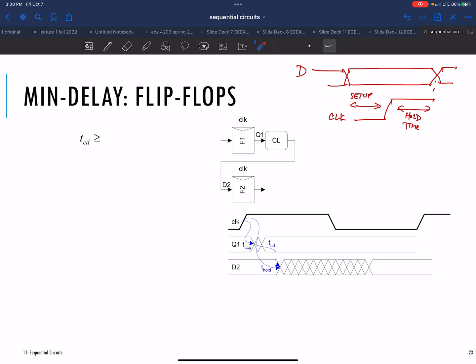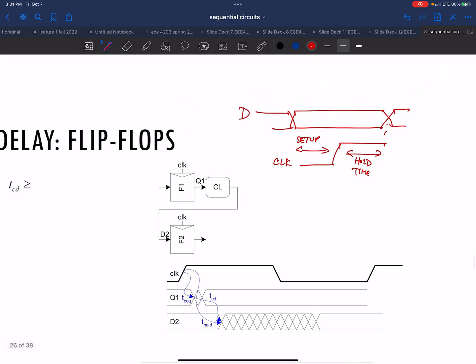You guys see the setup time issue? If this data is switching too close to this edge, you can end up grabbing something you did not intend to grab. Usually it means you didn't grab what you wanted to grab, like you grabbed a value before it. Okay? Let me draw something for you guys. I don't know if it'll help or hurt. So remember, the flip-flop input has these pass things.